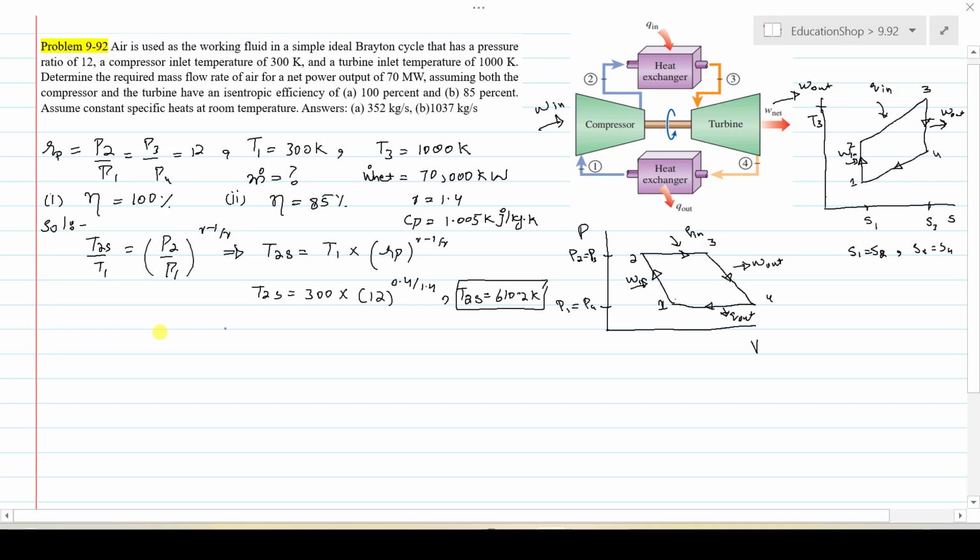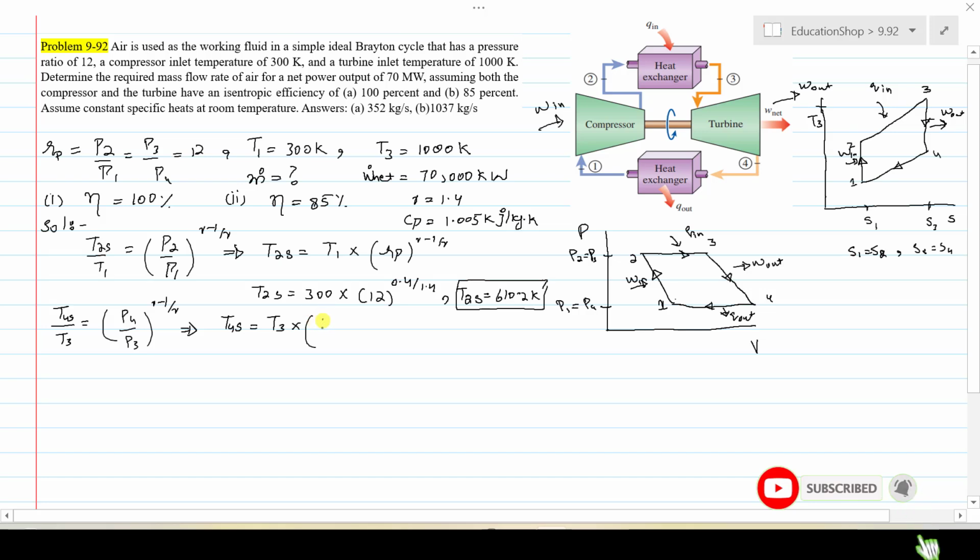Now consider the process 3 to 4 in which isentropic expansion takes place. That is the turbine. It will give you the work output. Then we can say that T4S divided by T3 is equal to P4 divided by P3 to the power gamma minus 1 divided by gamma. You already know that P3 divided by P4 is the pressure ratio, so P4 divided by P3 will be the reciprocal of this pressure ratio.